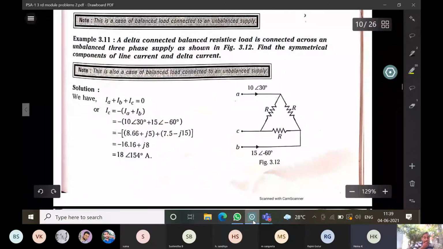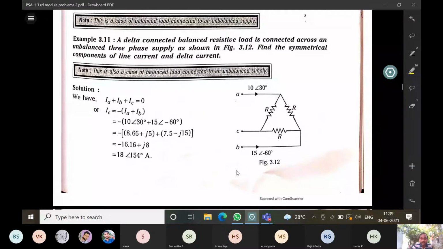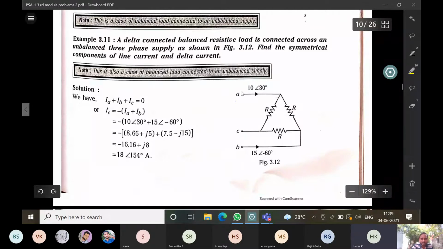In the diagram, the three resistance R values are not given, and three lines are there: A, B and C. And currents IA, IB and IC.